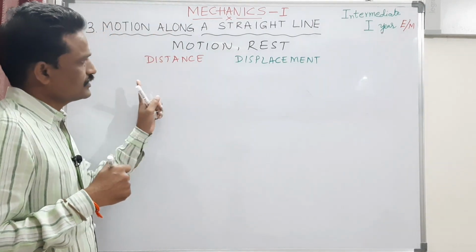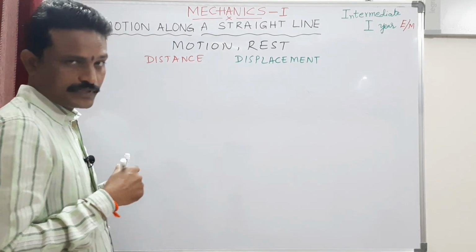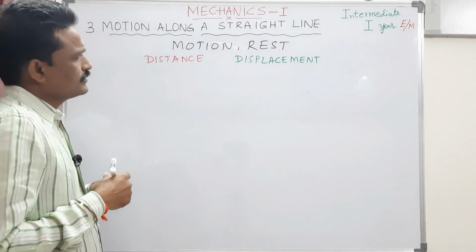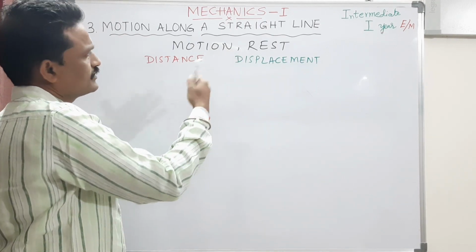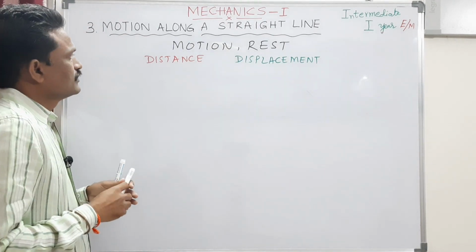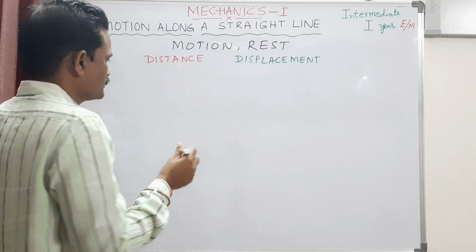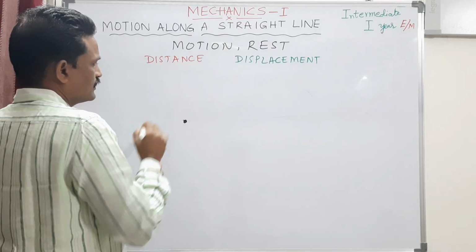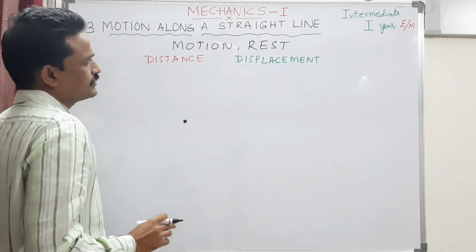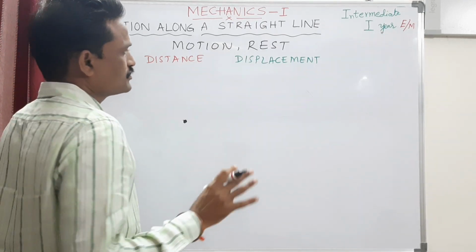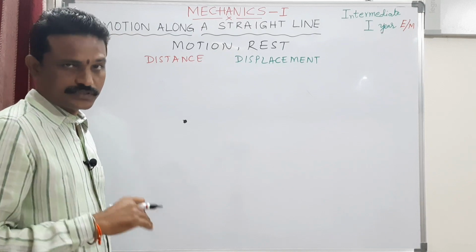Now, what is the difference between distance and displacement? In our general life, we interchangeably use one and the same, right? Actually speaking, distance and displacement can be distinguished only in two-dimensional or three-dimensional motion.